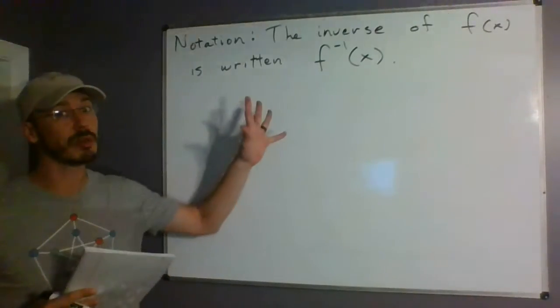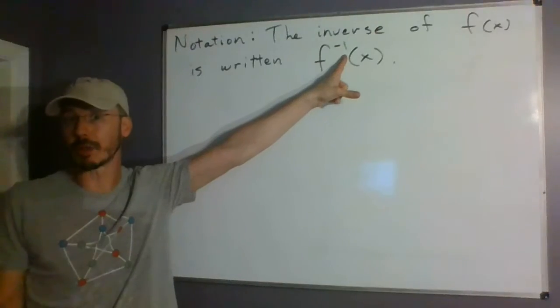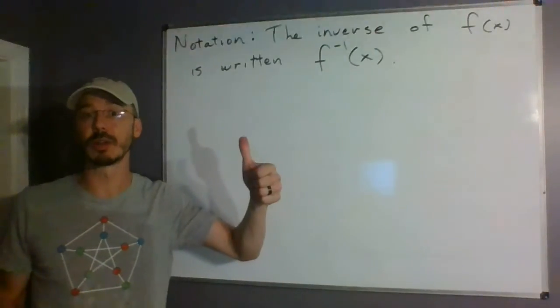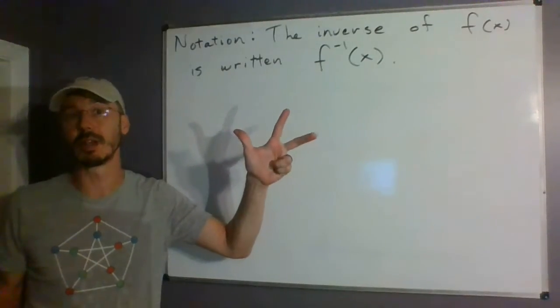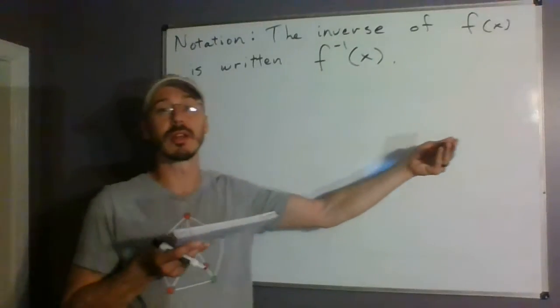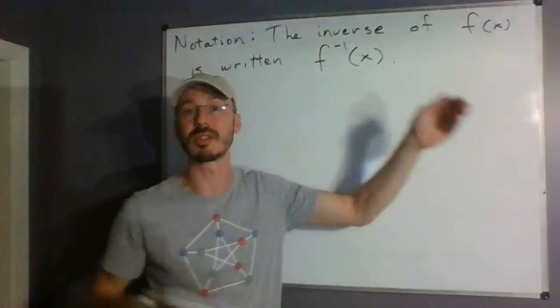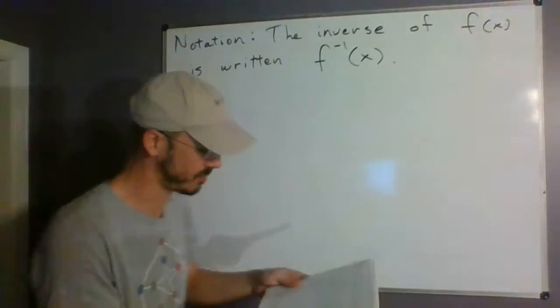So this is a new notation. I know we've used the -1 exponent before. It means reciprocal when it's applied to a number or to a variable or even to a variable expression. It's not here. This is the inverse function, which is more like the reverse process of whatever a function does; the inverse function undoes that.